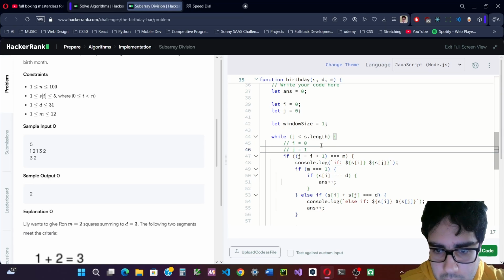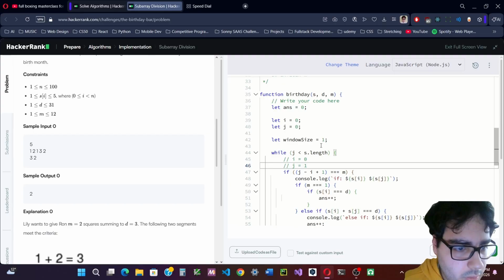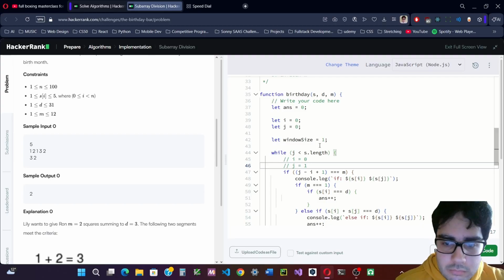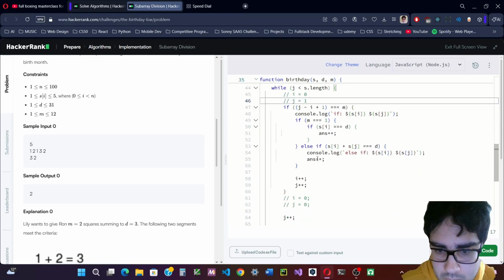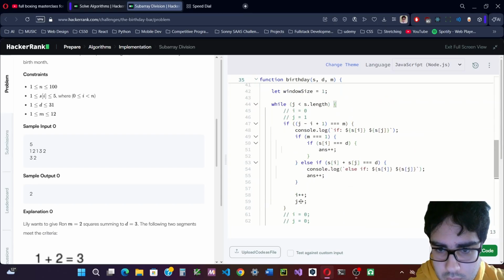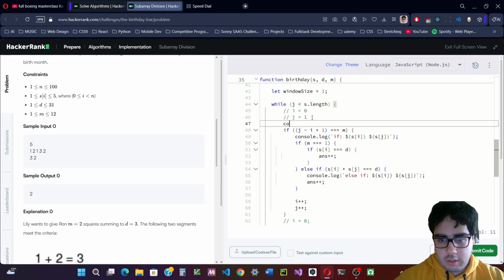So 0 minus 0 plus 1 does not equal 2. I'm gonna do j plus plus. It's gonna be 1 minus 0 plus 1, which is gonna equal 2. Like, what the heck?